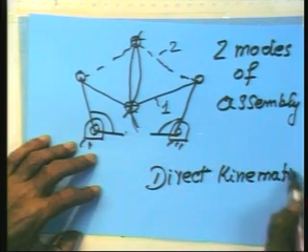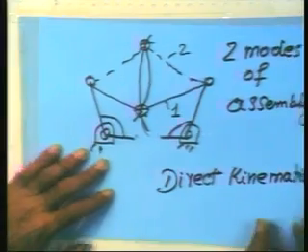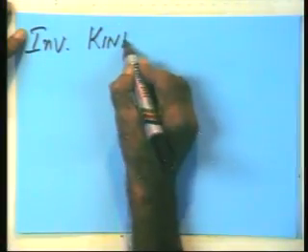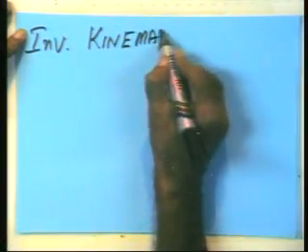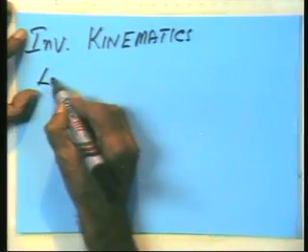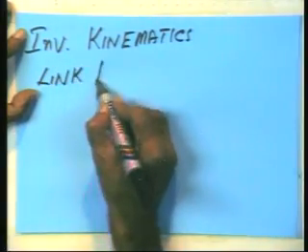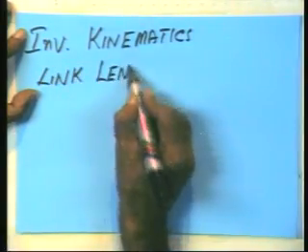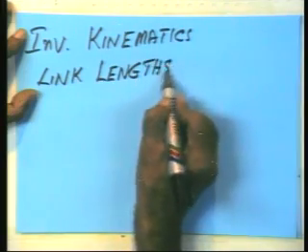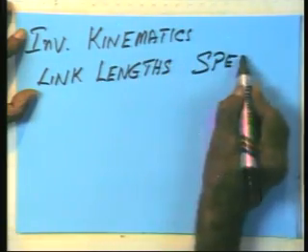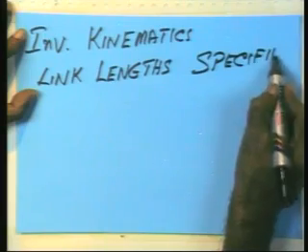Now let's go to the inverse kinematics quickly. Have a brief look. What is it in inverse kinematics? The position of the end effector is given and you have to find the angles. All the link lengths are specified.